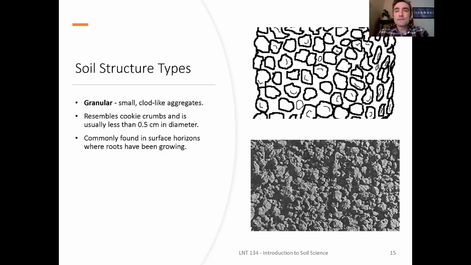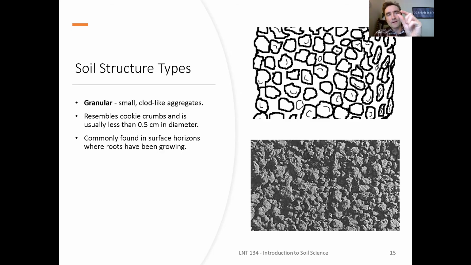So here is a rundown of various types of soil structure. The first one we'll cover is the primo. It's the kind you want. It's called granular. So these are small aggregates, clod-like, and they look like cookie crumbs, or they almost look like chocolate cake. It's very crumbly.